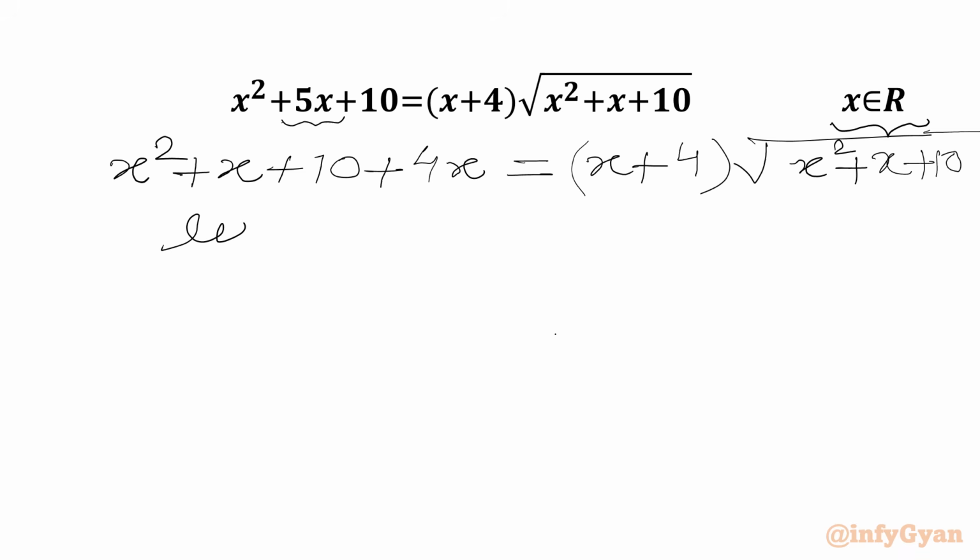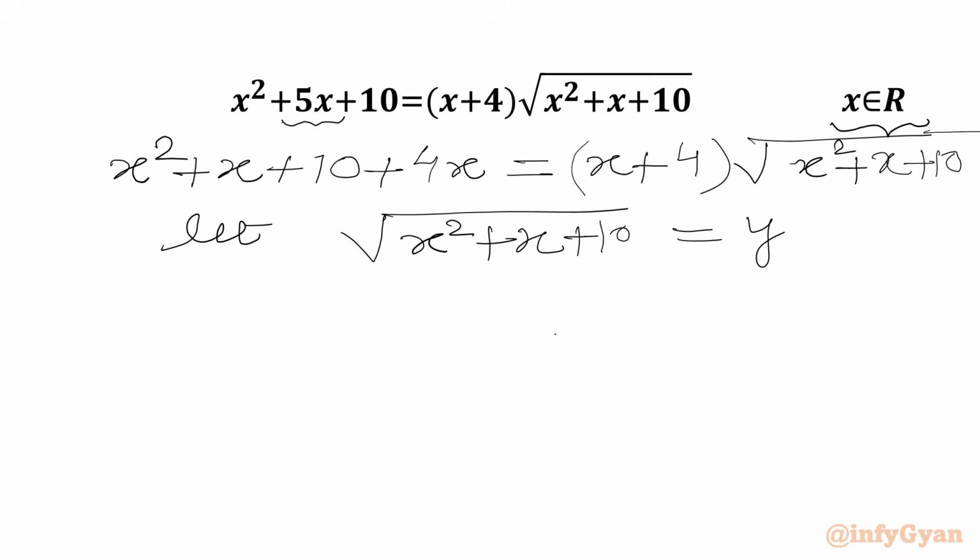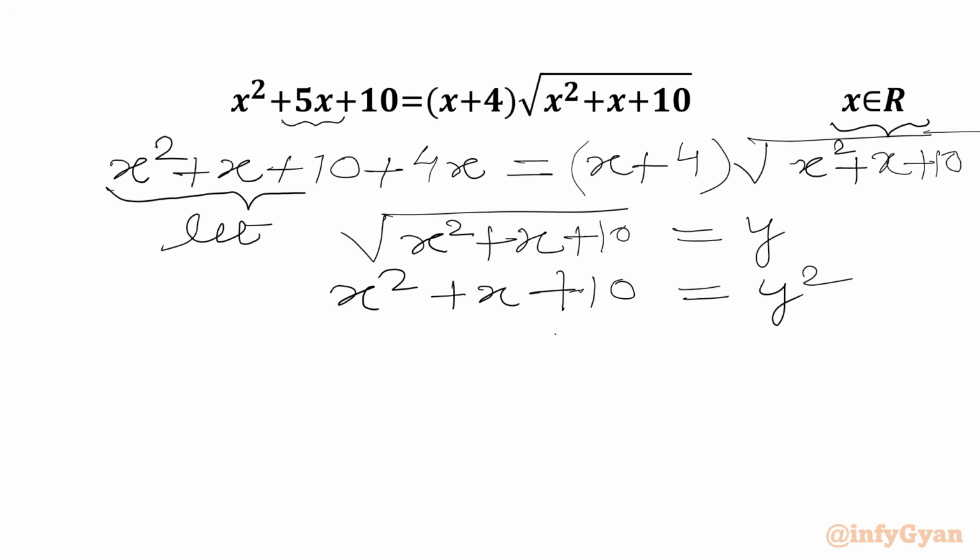Now we will use our substitution. Let us say square root of x square plus x plus 10 equal to y. After squaring both sides, we can write x square plus x plus 10 will be equal to y square. So here we can write y square, and this is y as per substitution.